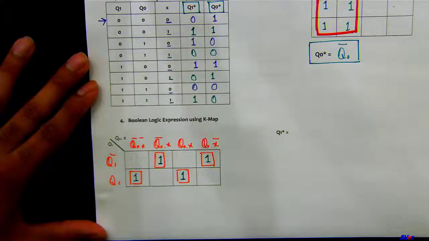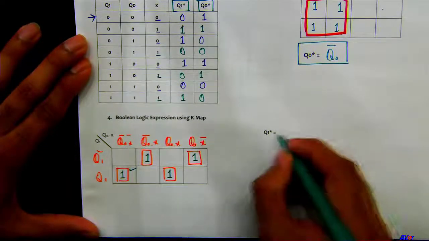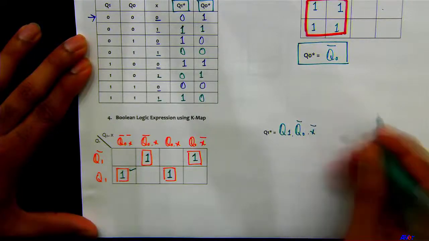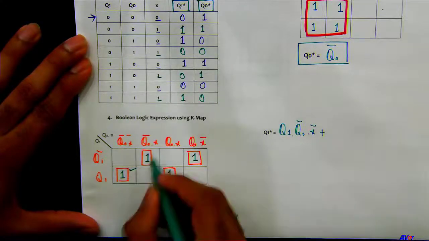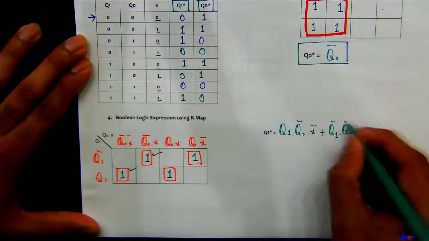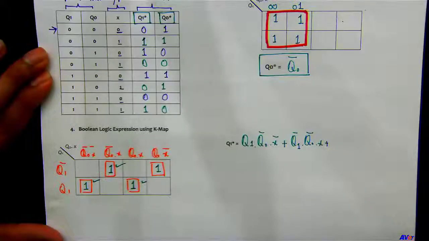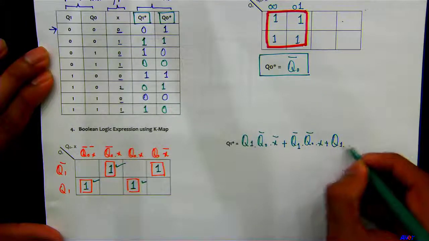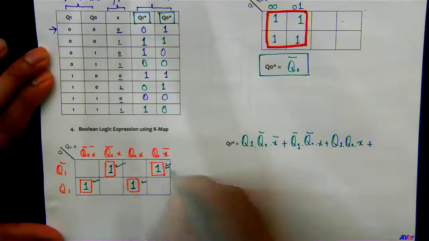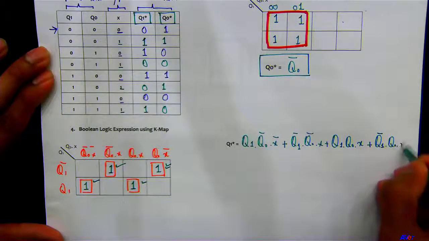Okay, so let's derive an expression here. So I'll start with this one. So this will be Q1 dot Q0 bar dot x bar, plus then this one Q1 bar dot Q0 bar dot x, plus this one. So this will be Q1 dot Q0 dot x, plus the last one right here Q1 bar Q0 dot x bar.